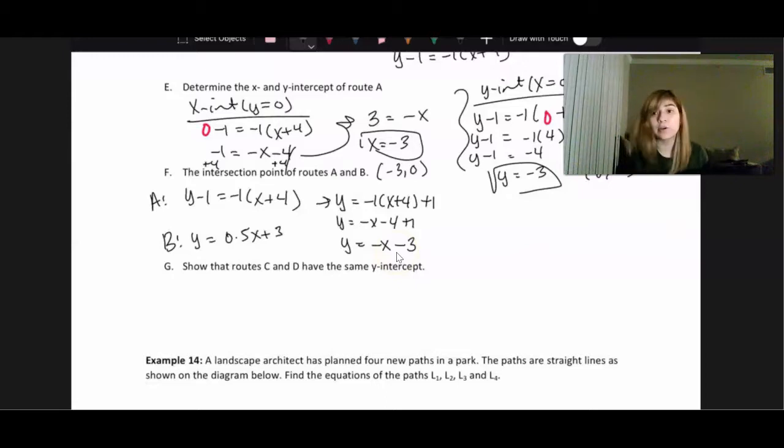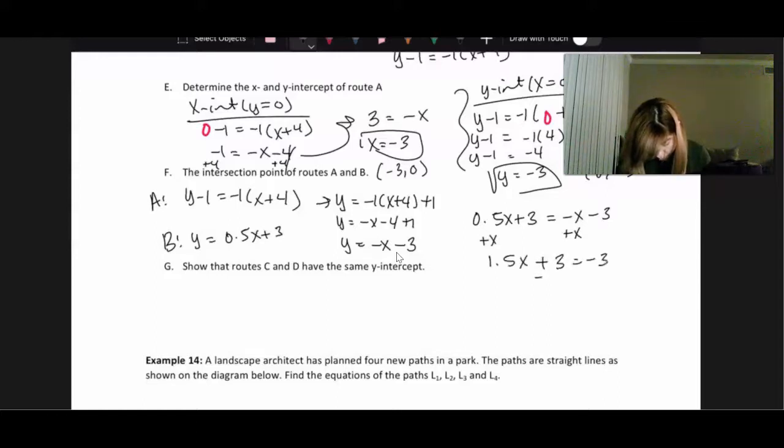So now, since they're both y equals, I can set them equal to each other. 0.5x plus 3 is equal to negative x minus 3. Add x to both sides. We get 1.5x plus 3 equals negative 3. Subtract 3 from both sides. Get rid of that. 1.5x is negative 6.